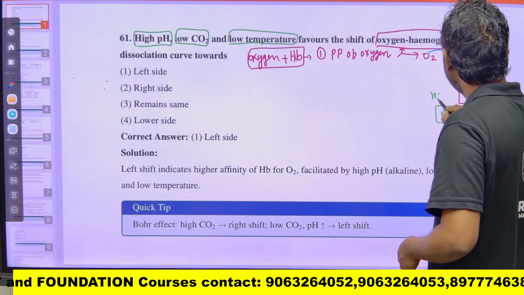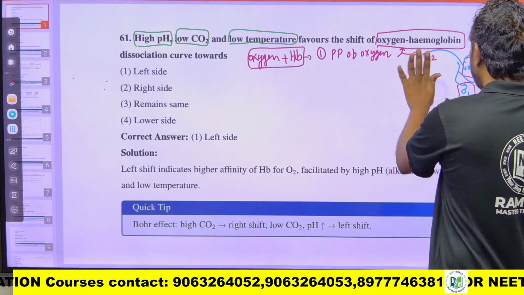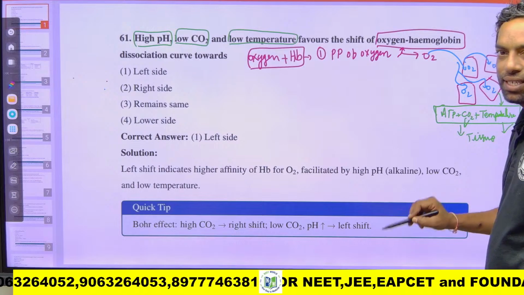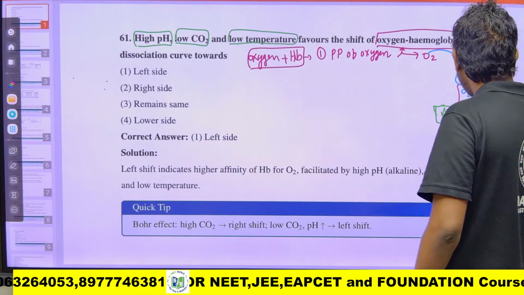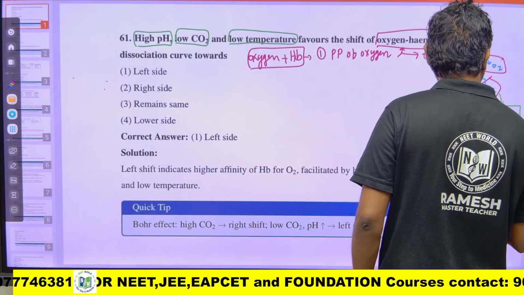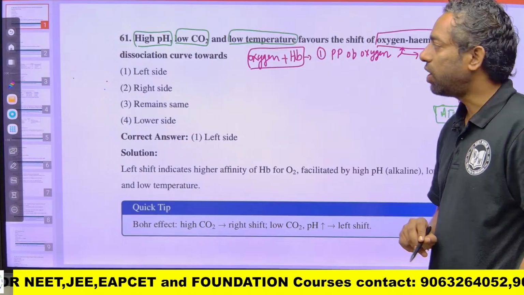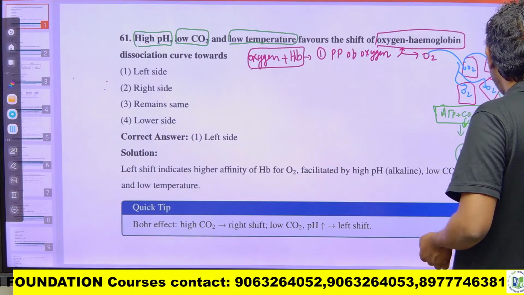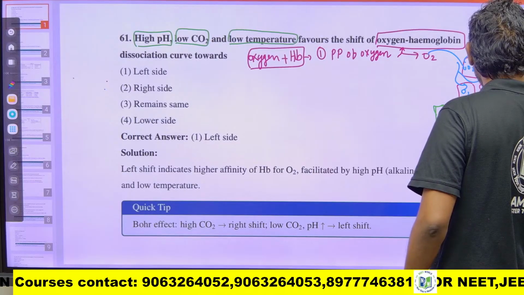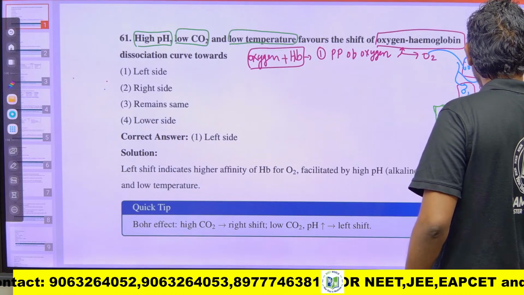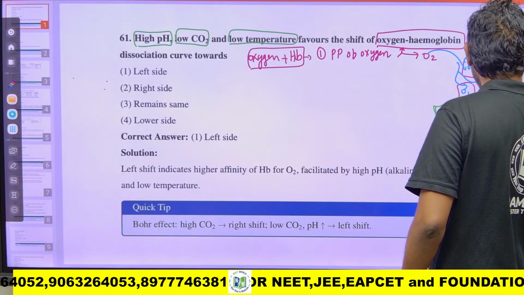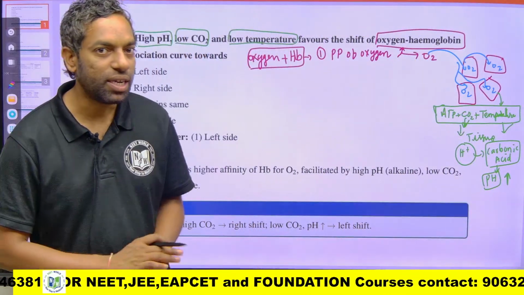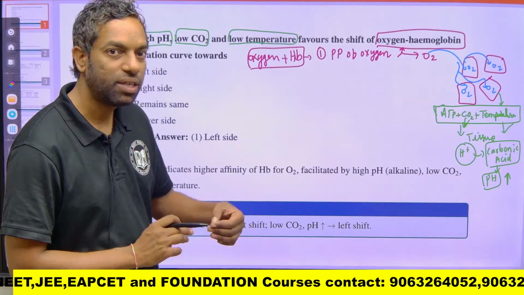Not in the tissue, because the tissue creates high temperature and produces CO2. If CO2 is high, hydrogen ions are also high, meaning carbonic acid is produced. Acid production means the acidic medium increases and pH will decrease.